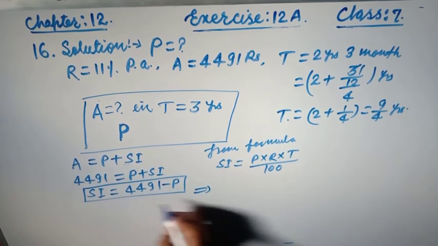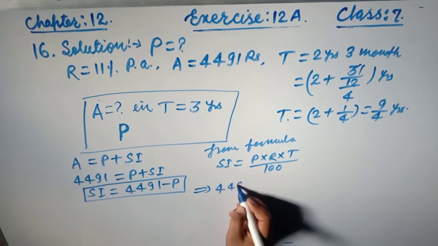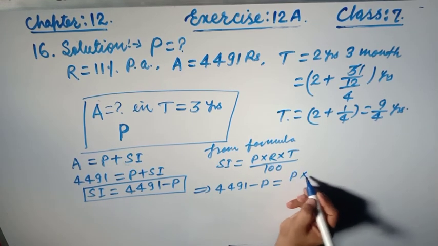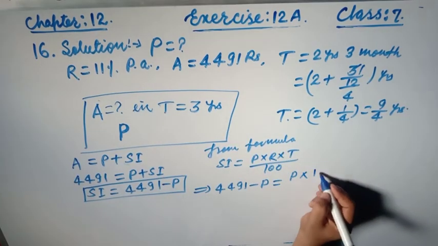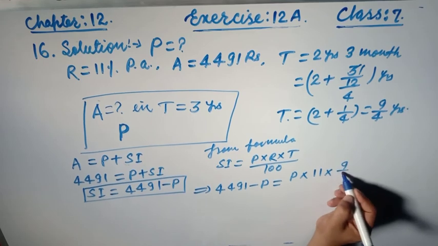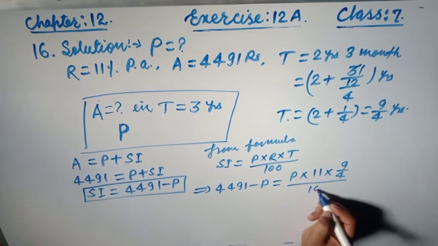So SI is given here: 4,491 minus P is equal to P as it is, R is 11, and the time is 9 by 4, divided by 100.